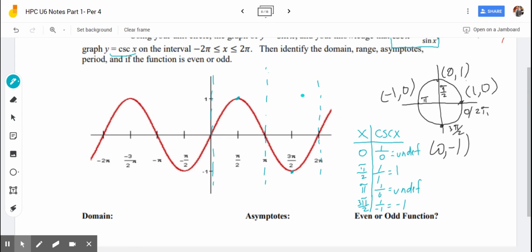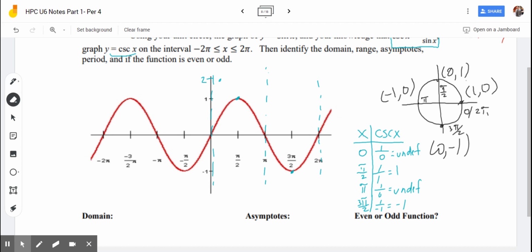Now, what's happening in between? Well, if we take the reciprocal of, for example, pi over 6, it's about 0.5. So instead of it being at a half, the reciprocal value would be at 2. So if we did pi over 6, 1 over a half is 2. That's what that value is.